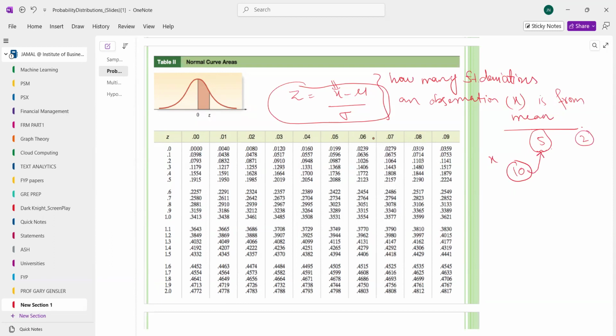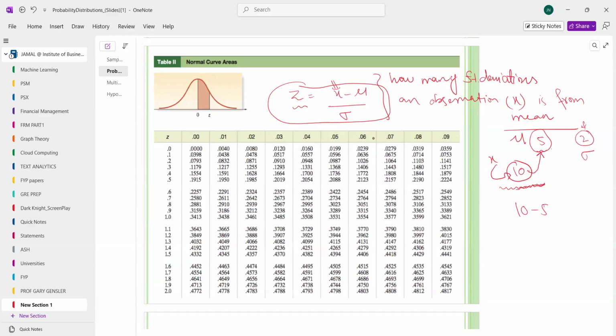Right? So how can I find my z-score? If my standard deviation for the stock returns is 2 and the mean is also given, but for the 29th day the return was 10, and I want to know what the z-score will be in this case, I can calculate that.